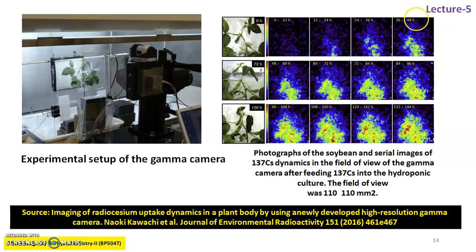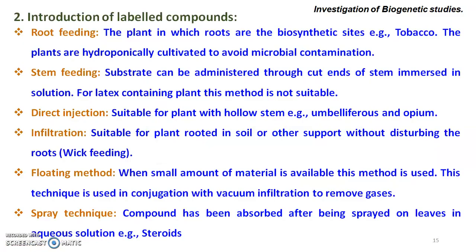After 36 hours, 48 hours, then 96 hours and 144 hours, you can see the accumulation of the fluorescing compound, so the cesium-137 is completely utilized in the whole reaction. This gives a complete idea that cesium is part of the biosynthetic process, and various biosynthetic reactions are carried out with respect to primary and secondary metabolite biosynthesis. So these are the gamma, alpha, beta camera scanners, to which detectors are also attached, which detect the fluorescence, and the intensity of light is then calculated.